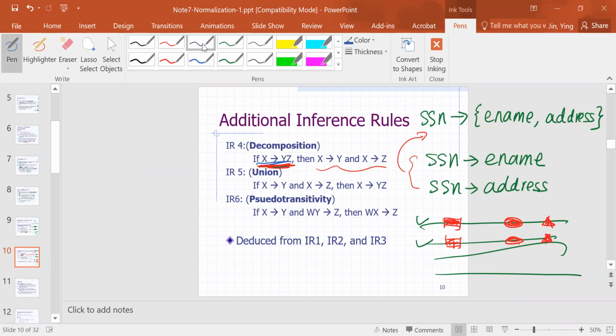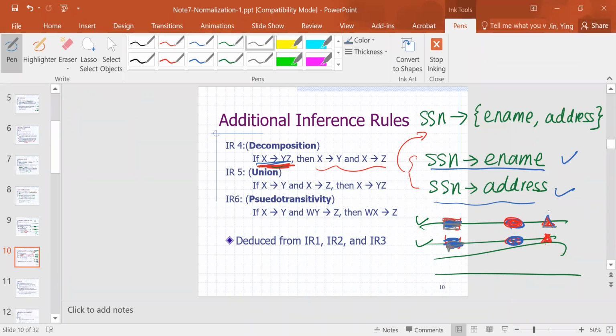Okay, let me try to use the same example. So SSN to ename. If we have the same SSN, we are going to have the same ename, right? So that's what this one tells me. And let's see this one. We have SSN to address.